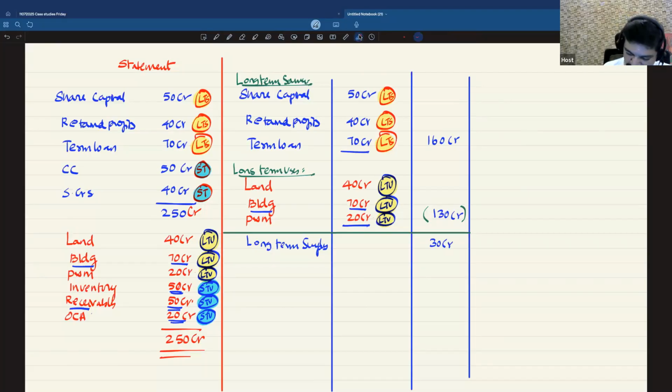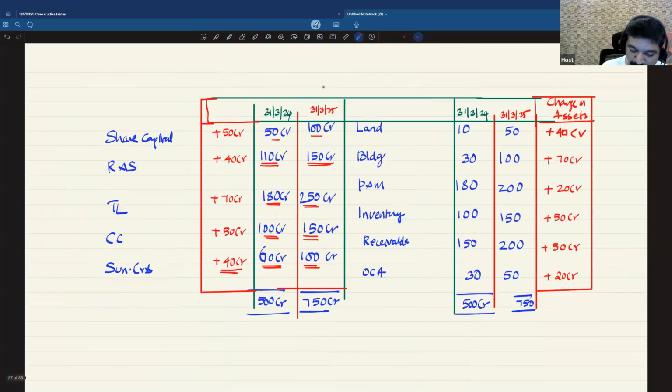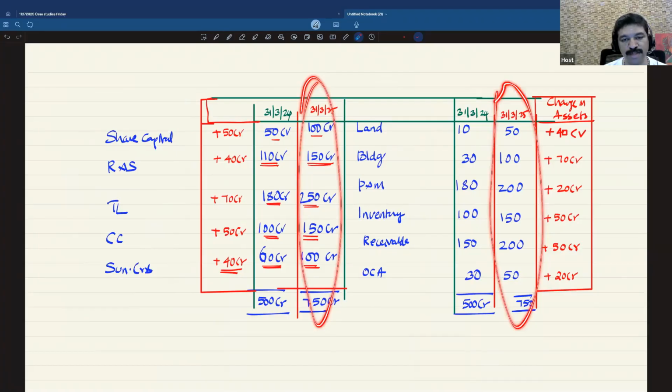So now by looking at this statement, what you can understand is this business has raised long-term funds of 160 crore, and out of that 160, they have spent only 130 crore and they still have 30 crore left with them. That is the understanding you are getting, right? Do you think you will get this understanding just by looking at this balance sheet?